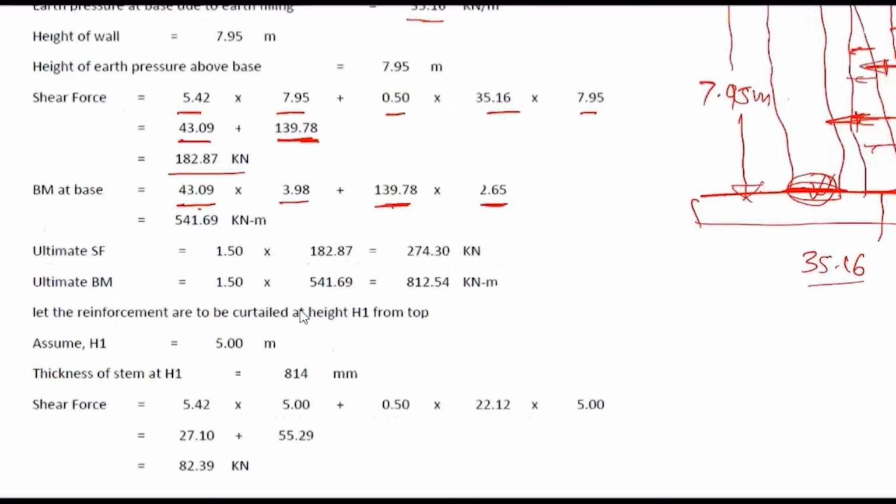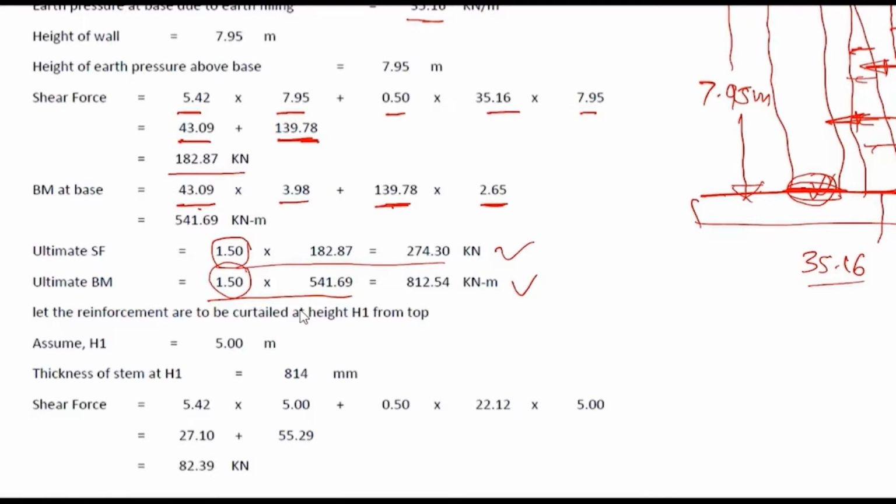So the ultimate shear force will be 1.5 times this, and the ultimate bending moment will be 1.5 times this. This is load factor. Suppose this is 1.5. The combination is given in our code and also IRC 112. So we will apply that combination, and once we have obtained this ultimate shear force and ultimate bending moment, we can easily design our section.